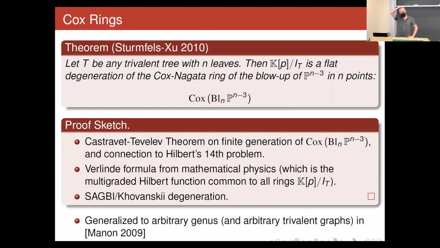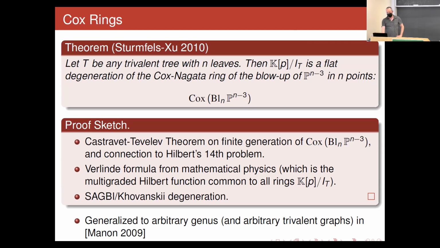And what Sturmfels and Zhu proved is that that is true, but it's not for the Grassmannian. In this case, it's for this variety, which on the ring side, you take the Cox-Nagata ring of the blowup of P^(n-3) at n points, and it's that ring that degenerates to all of these coordinate rings for each of the different trees.